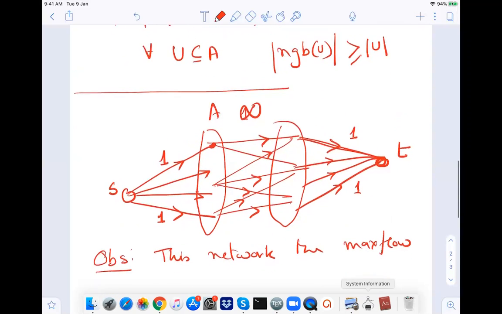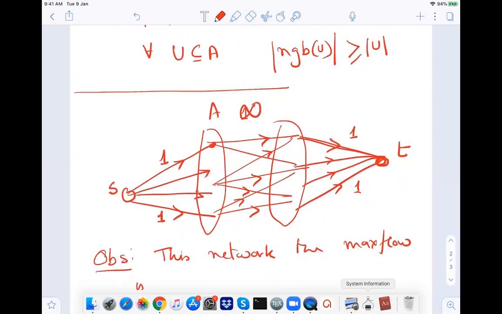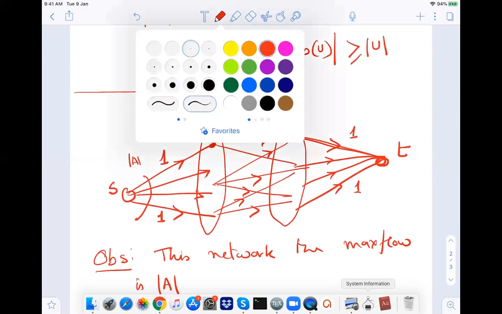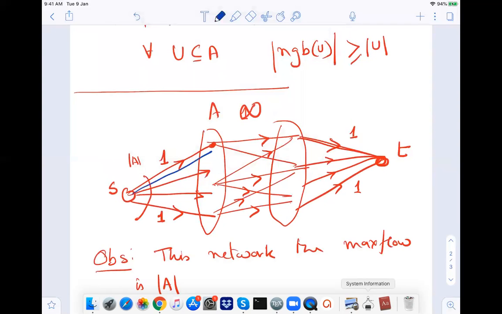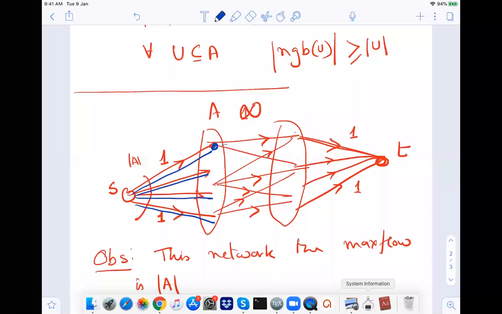The max flow is at most the size of A, because only size of A number of ones are going out of S. So max flow is size of A, meaning you have to push 1 unit from each edge. Now this flow after coming here could split into 2 parts: 1 unit can be pushed here, or half unit goes there and half unit goes there.